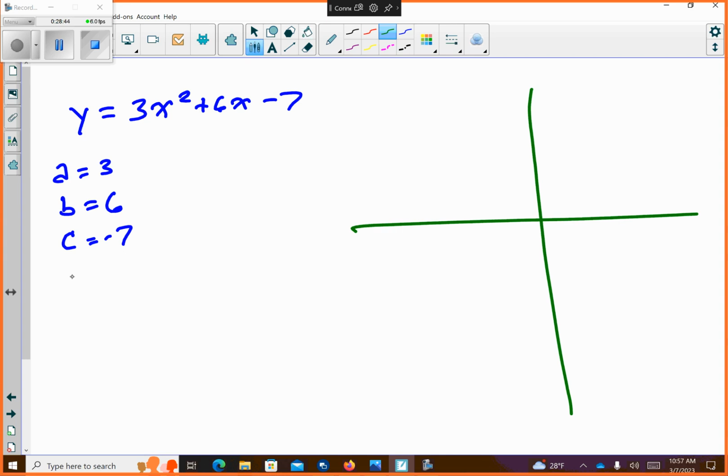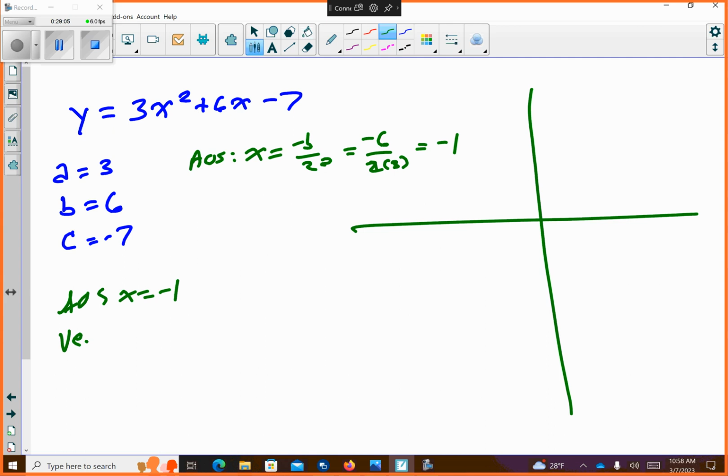So axis of symmetry is x equals negative b over 2a, which in this case will be negative 6 over 2 times 3, which is negative 1. So my axis of symmetry is x equals negative 1.